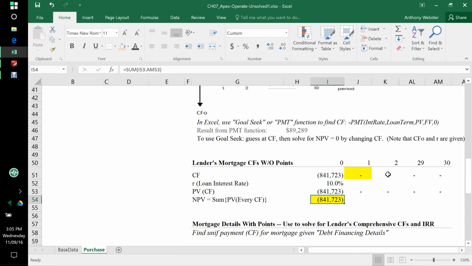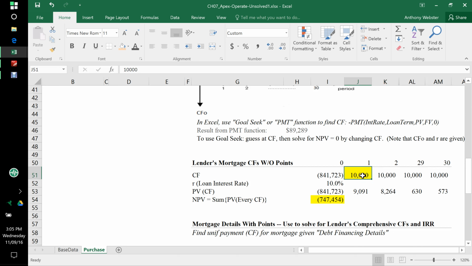So I just want to show you quickly here, all I need to do, so what am I going to do in GoalSeek? I'm going to do the usual thing. I'm going to take a guess at this uniform payment, and I'm going to keep guessing until I get this NPV equal to 0. I just want to show you right now what I've done here with cells 2 to 30.